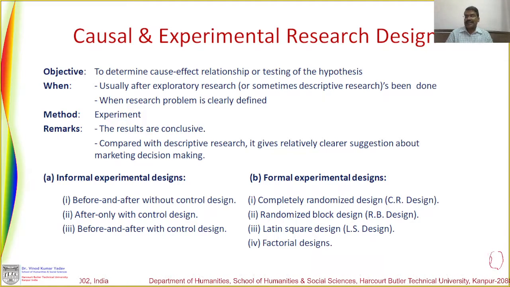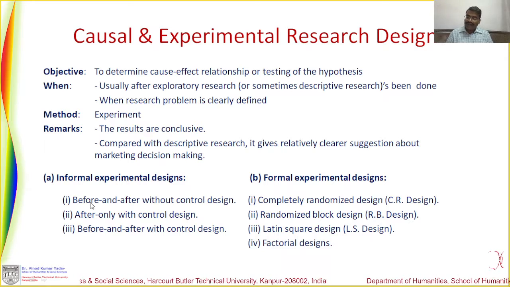Control design means that in some part of your research design you give some treatment and in another part you do not give it. So you have things with control design, and second, maybe without control design.